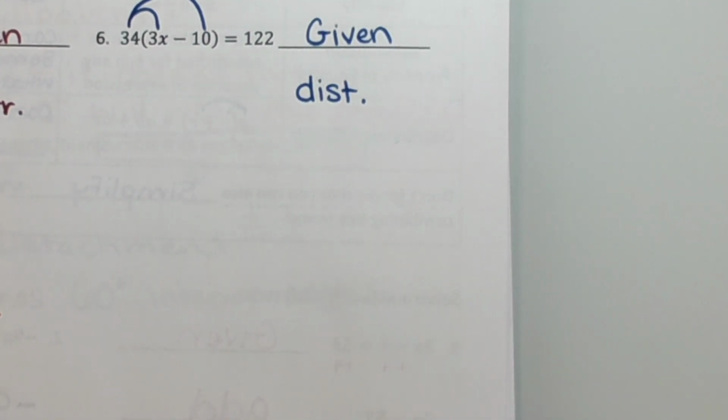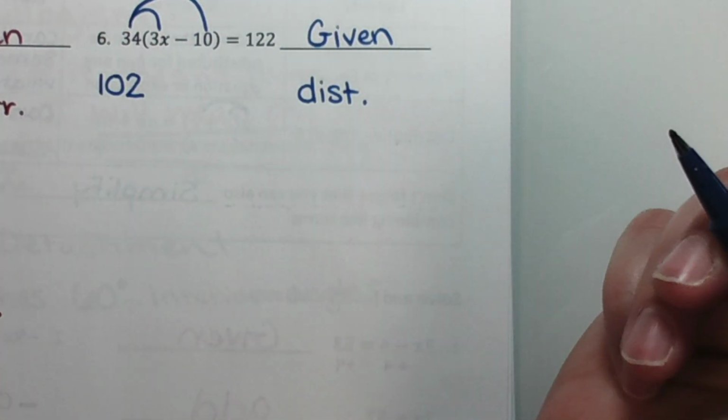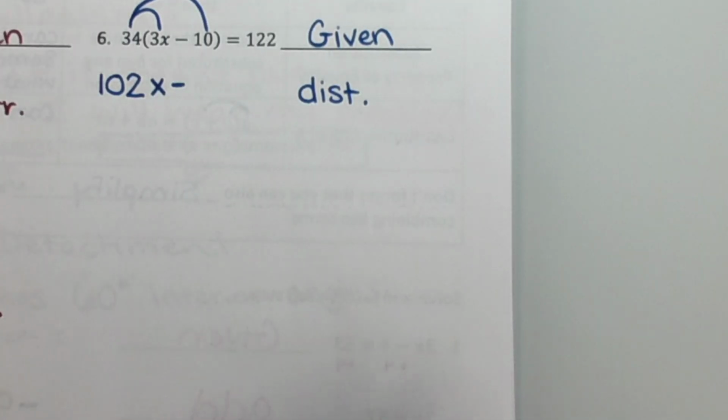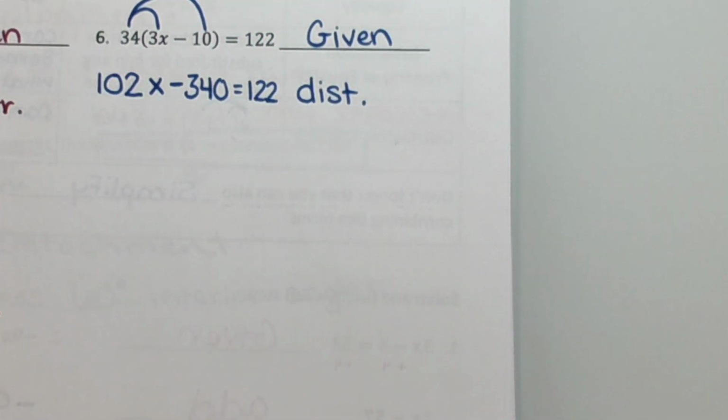I'm guessing it's 100 and something. 102? Just 102 or 102 x? Minus 34 times 10. I could do that one easily. 340 equals 122.